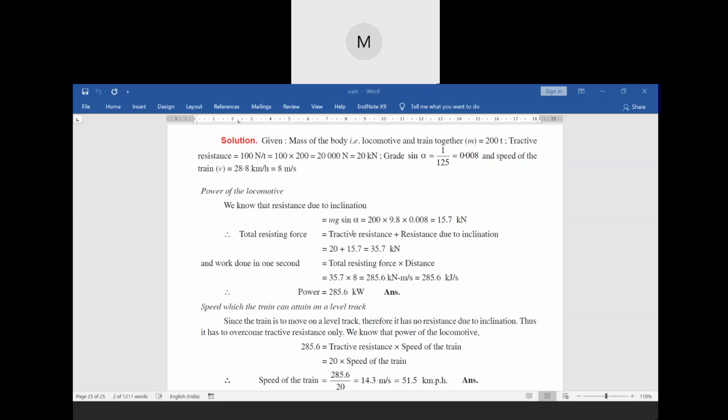Now it comes up to be what? 8 meter per second. That means 28.8 kilometer per hour turns out to be 8 meter per second.